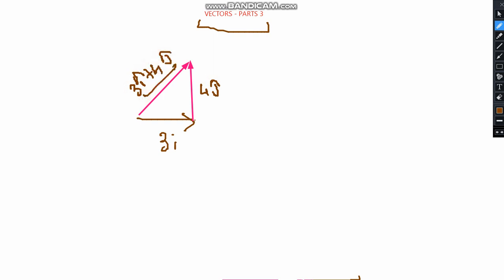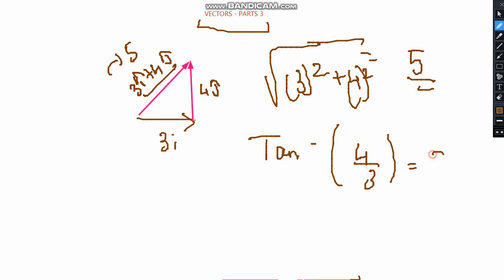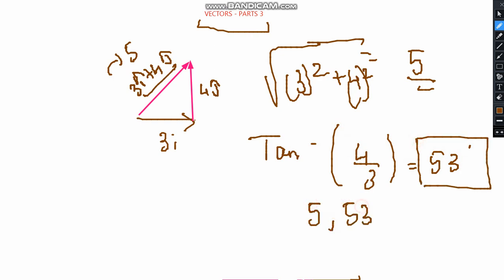They may ask us to resolve this to the magnitude angle form. Very easy. We use the square root of 3 squared plus 4 squared, which is 5. So the magnitude is 5. The angle is tan inverse of 4 by 3, which is 53 degrees. So the magnitude angle form is 5, 53 degrees.